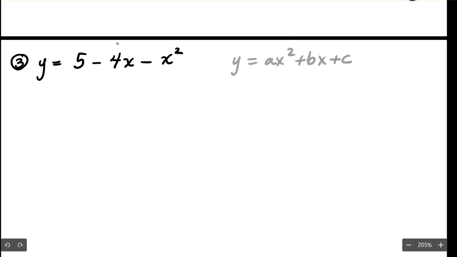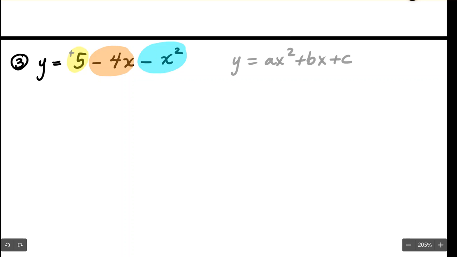Remember, when these are three objects being added or subtracted to each other, we can move them around, but you need to make sure that the minuses go with the right term. So here, that 5 is a positive 5, and this minus 4 belongs to the x. And that minus 1 right there, times x squared, belongs to the x squared.